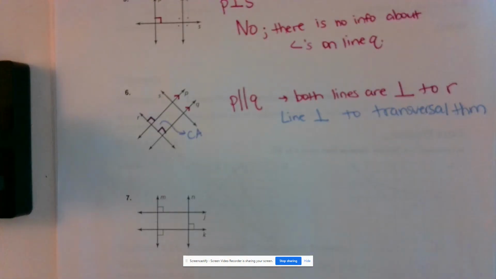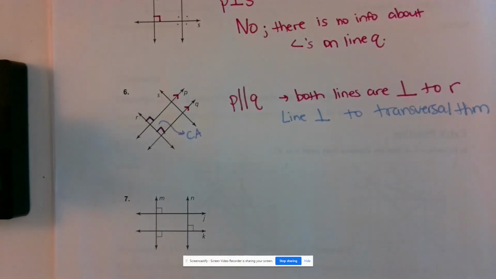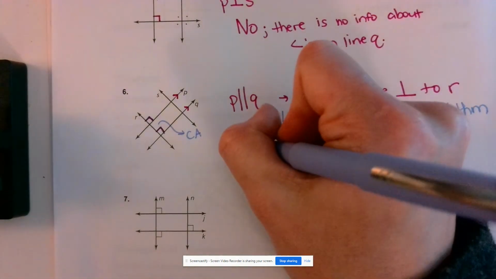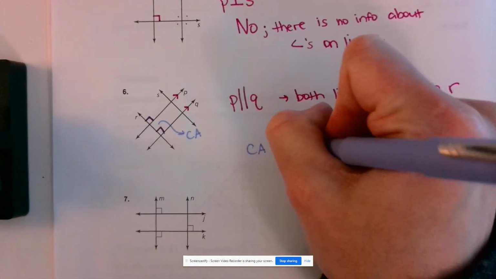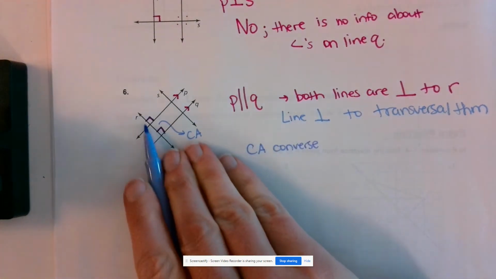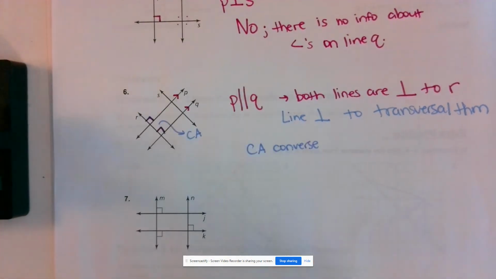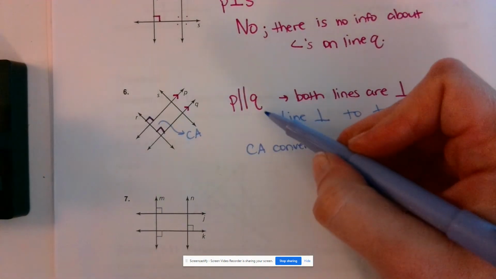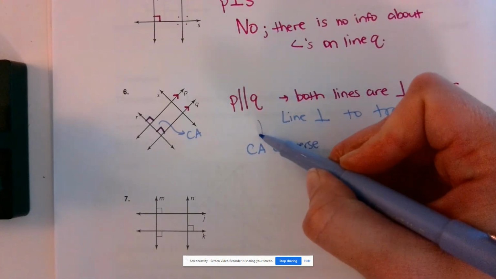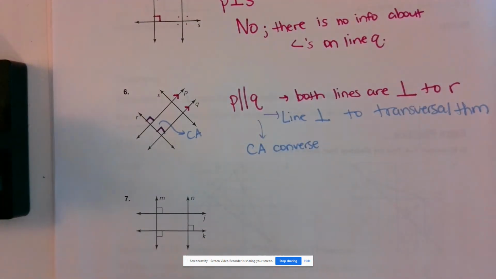And if they're both right angles, you know they're congruent. And so we know by the corresponding angles converse that if corresponding angles are congruent, then your lines must be parallel. So you could think of this using both theorems. Either way is fine.